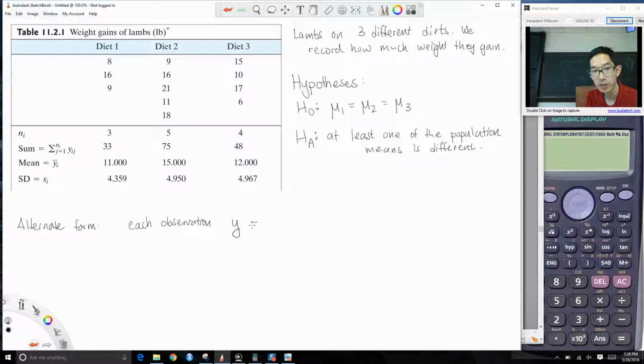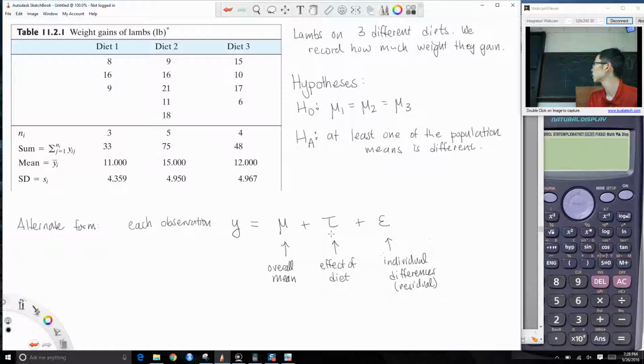We could say each observation y comes from an overall mean plus the effect of being in a group plus individual differences. So this is the overall mean, and this is the, quote, effect of the group, which in our case would be the effect of the diet, and this would be individual differences, or what we might call the residual difference.